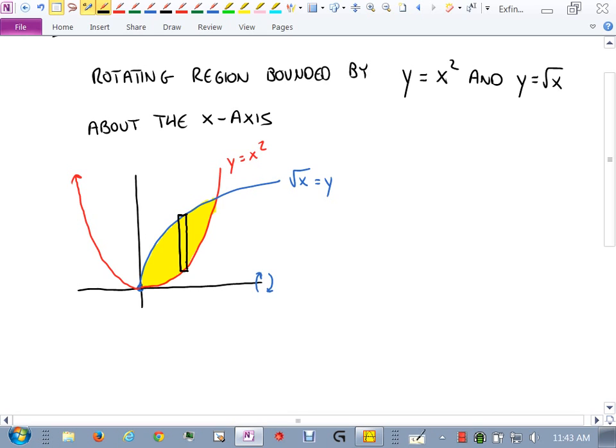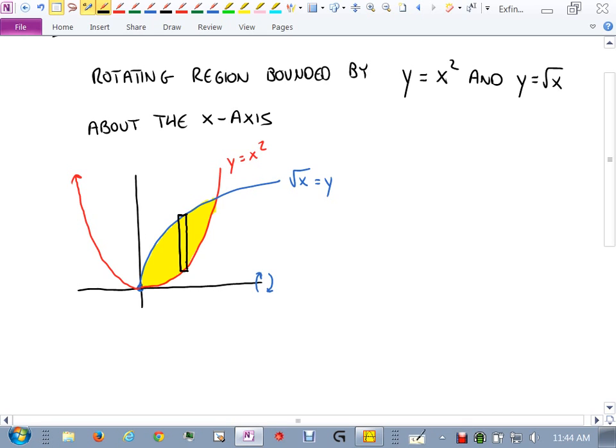I understand some of you can get that without even drawing it, but the drawing is part of what I want, especially because of what we're going to be doing in a minute, because we will not be rotating about the x-axis all the time. It might be instead a line down here, and then things get a little different. And if you trust your instinct, it might actually backfire on you.